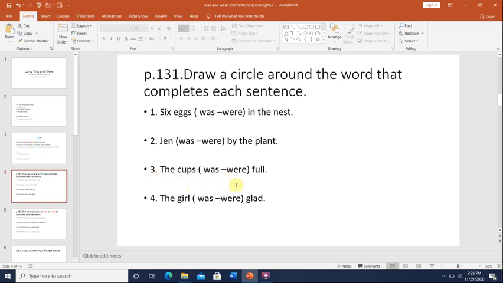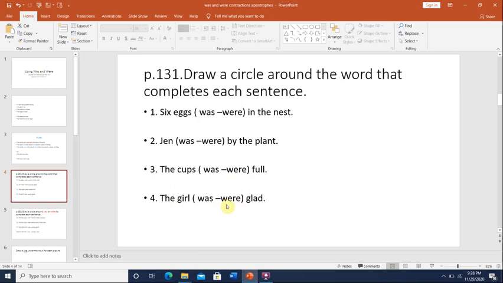The cups were full. Number 4. The girl was or were glad. The girl, how many girls? Only one. So what will we use? Was. Again, 6 eggs were in the nest. Jen was by the plant. The cups were full. The girl was glad.